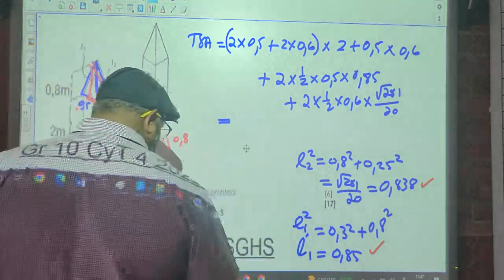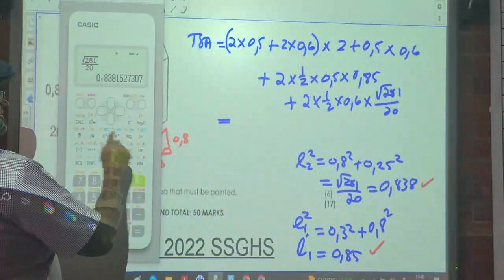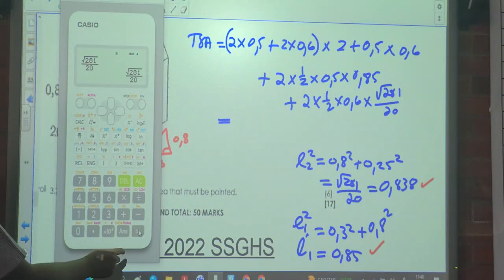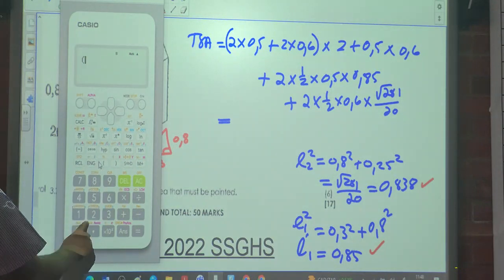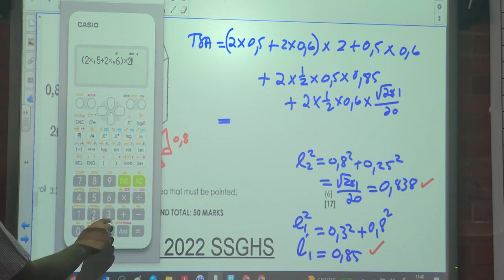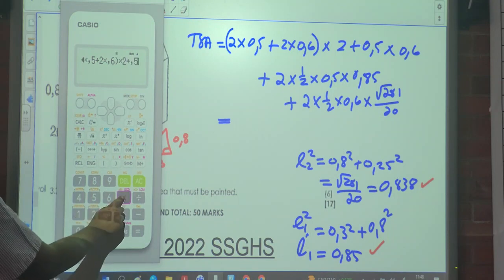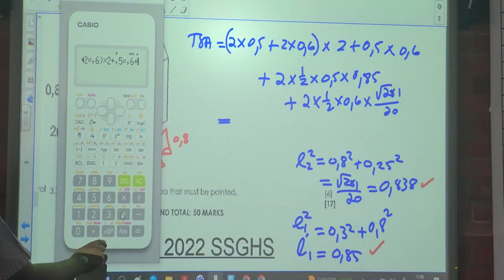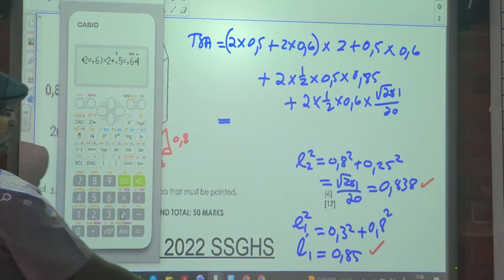If I punch this in the calculator, okay, so that's 0.838, so that's in order. So open brackets, 2 times 0.5 plus 2 times 0.6, times 2, plus 0.5 times 0.6 plus, so this will cancel of course.